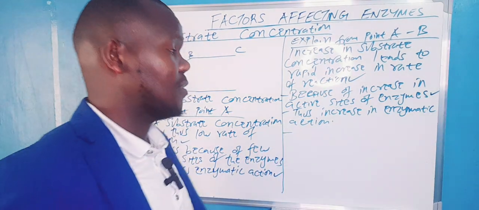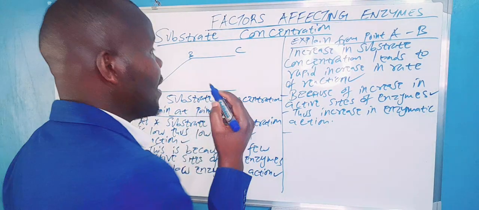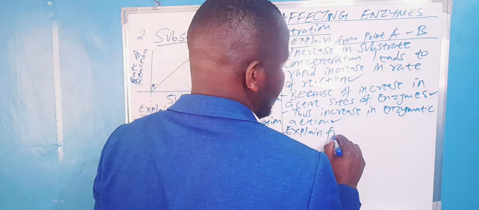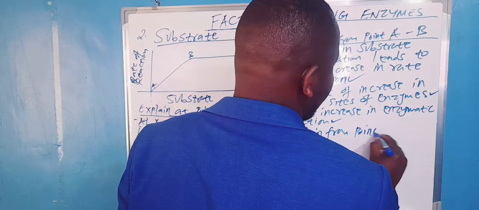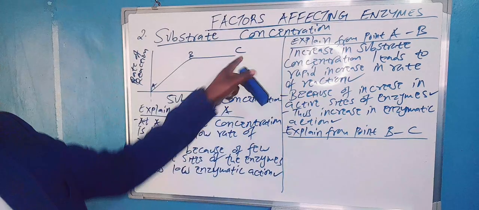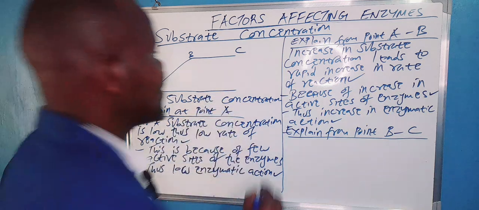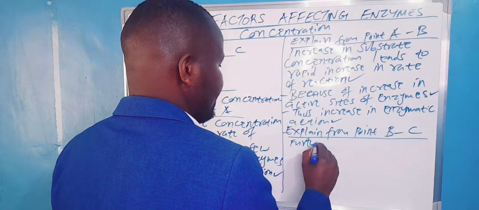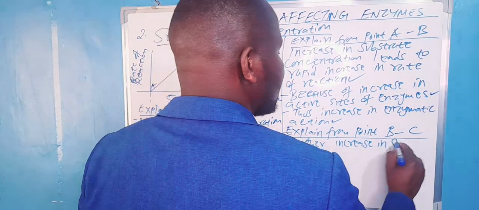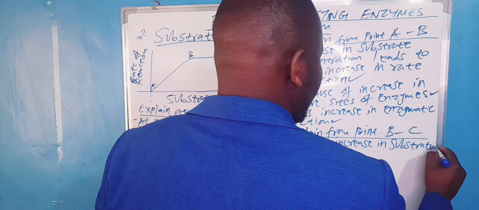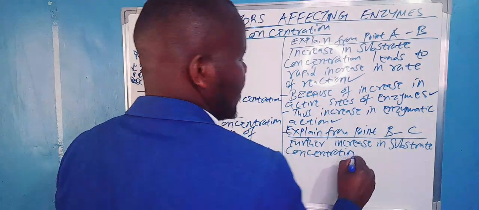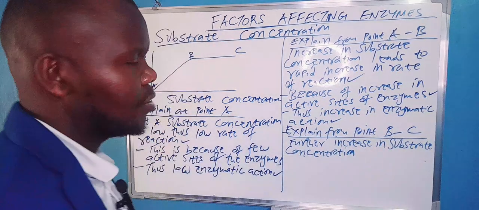Then the last is you explain from point B to C. And you can check what has happened. B and C is remaining constant, and you are further increasing the substrate concentration.